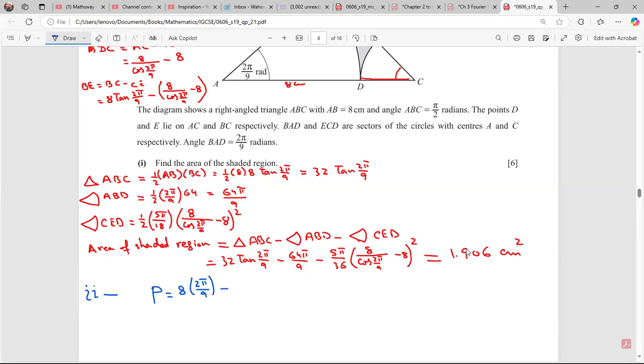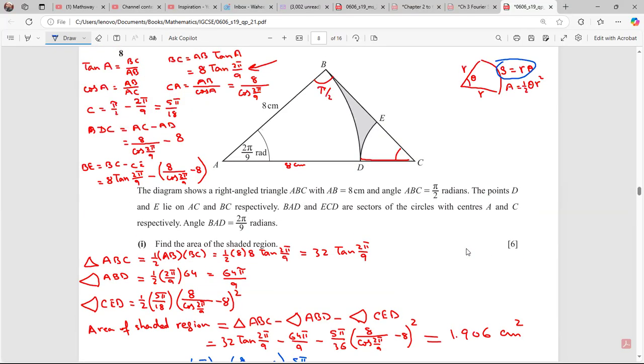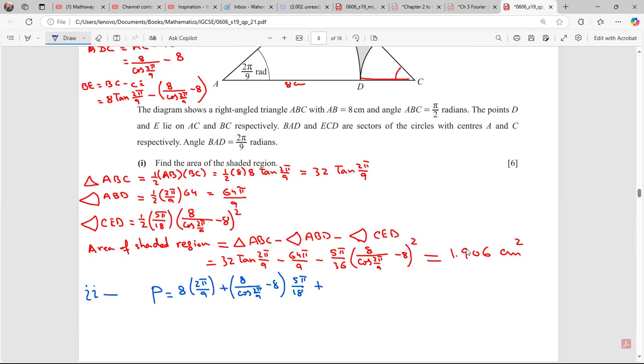Plus the second arc, whose radius is 8 over cos 2 pi by 9 minus 8, and angle is 5 pi by 18. And for the third case, which is BE, we found BE over here.